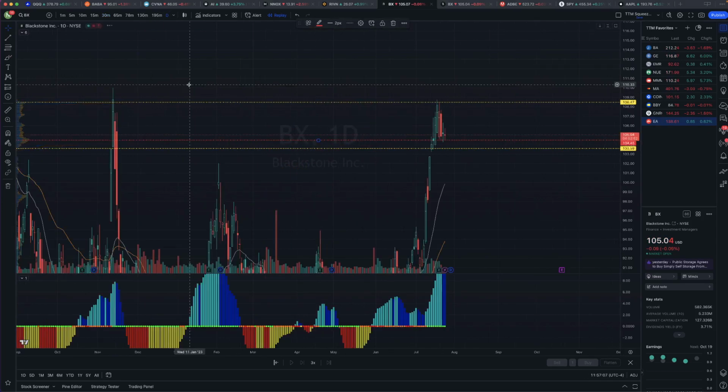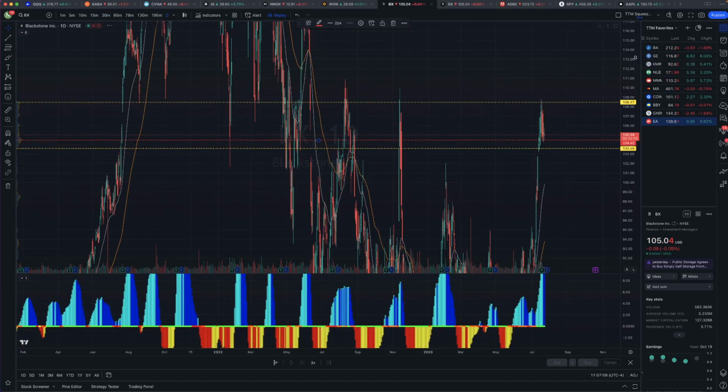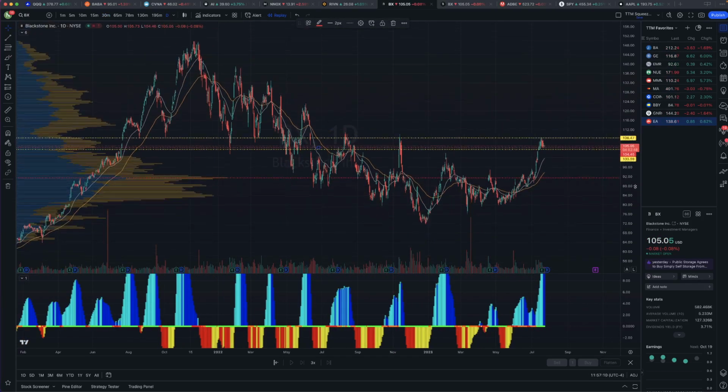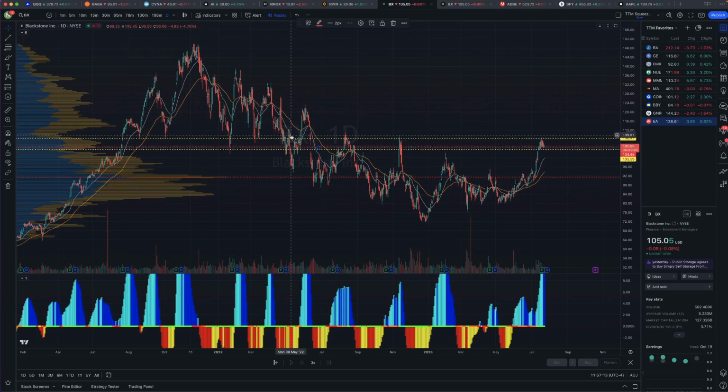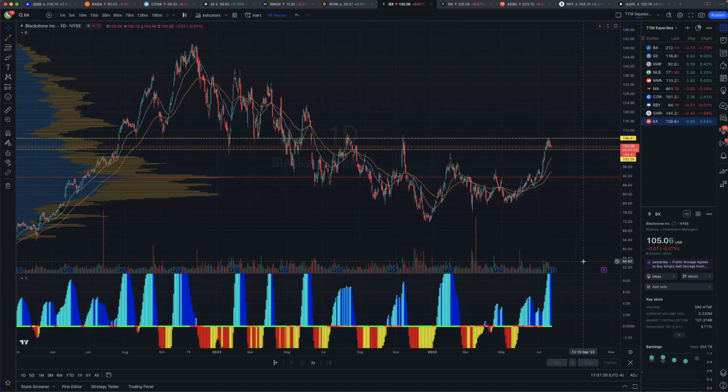So BX on the larger time frame, potentially coming into some resistance here. But if we can get up above this upper level at 108.47, this is the daily chart. If I was going to play these options, I would probably play about 15 to 20 days out.